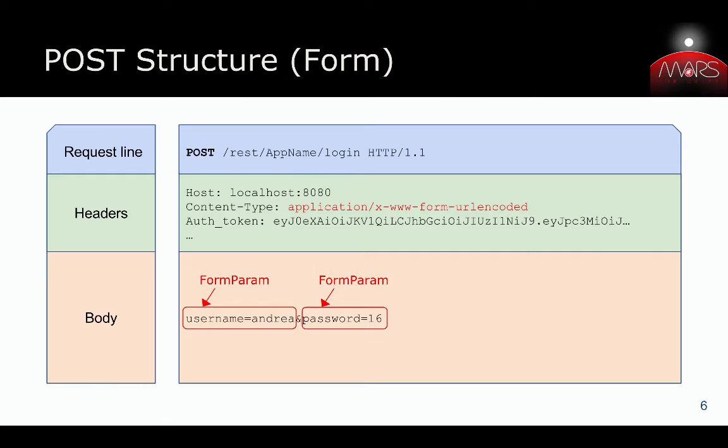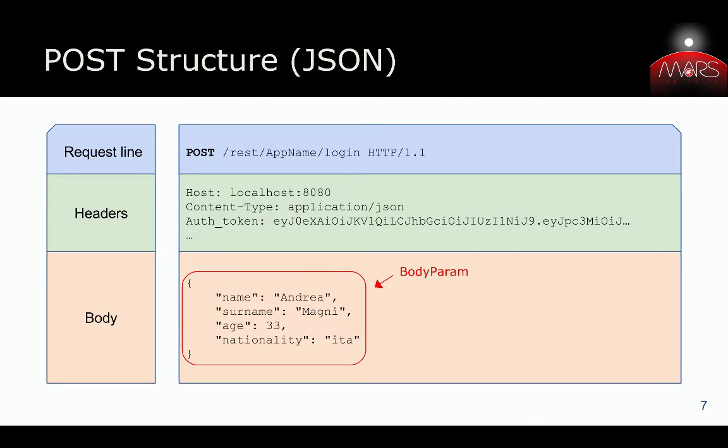In this example you can see an HTTP form, which is very common when dealing with web applications. Another example of POST, very common these days, is when you want to send a piece of JSON, a JSON object in this case, to the server side.